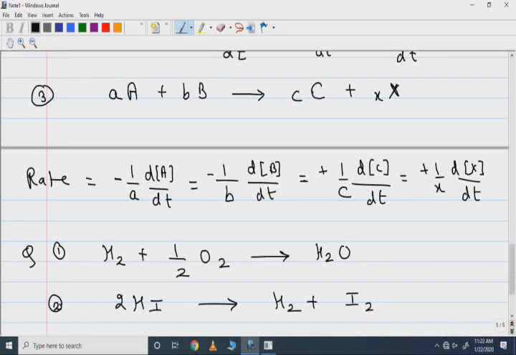Not rate law, simply rate of reaction. Please confirm once you have done the question.